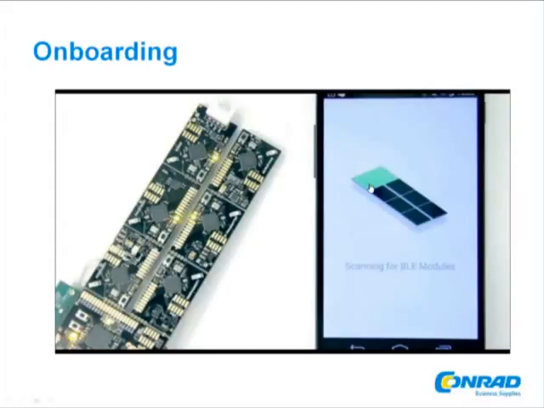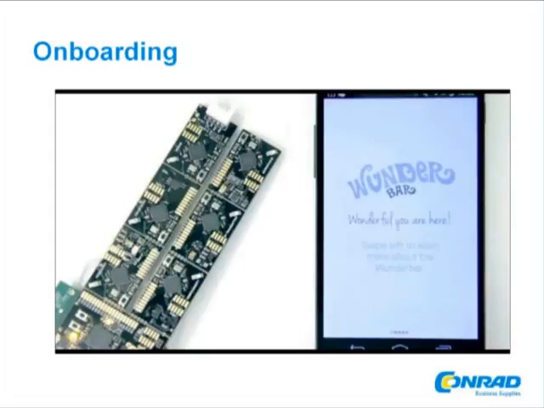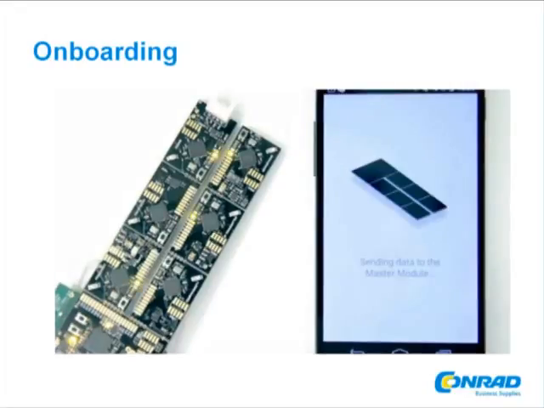Here you can see what happens with the onboarding. There's a green module. It's a master module. It's already recognized by your app. And after that, the sensor modules are scanned, searching for sensors. It always says, found one. And finally, of course, if they are successfully connected, you can start your application or start to measure.